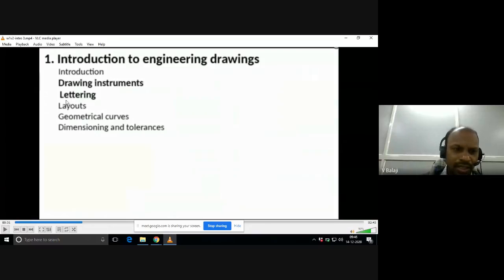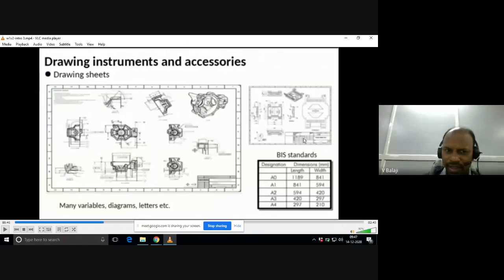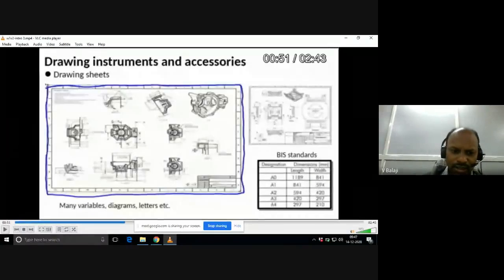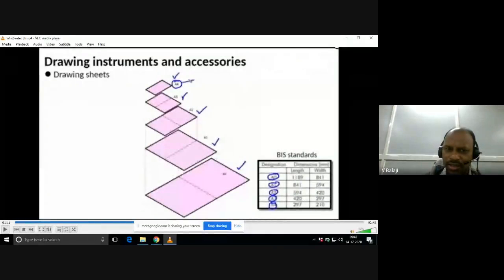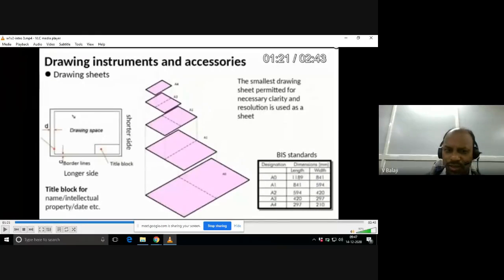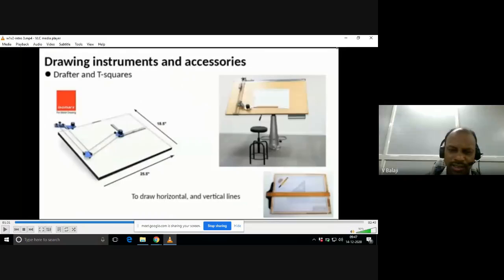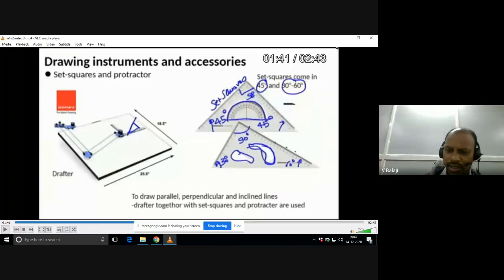So we have already learned introduction, drawing instruments, lettering, some layouts, and the rest of the things we are going to see. These are the drawing sheet standards we have discussed, and these are the drawing sheets. These are the drawing board, drawing drafter, drawing sheets and their arrangements.